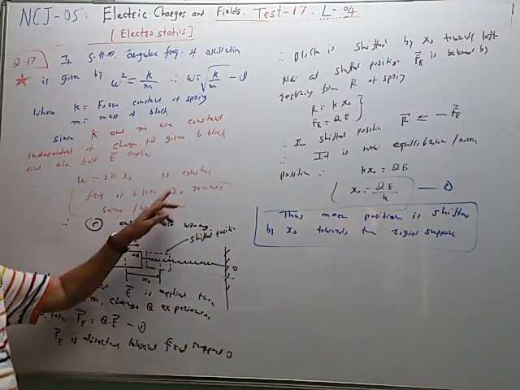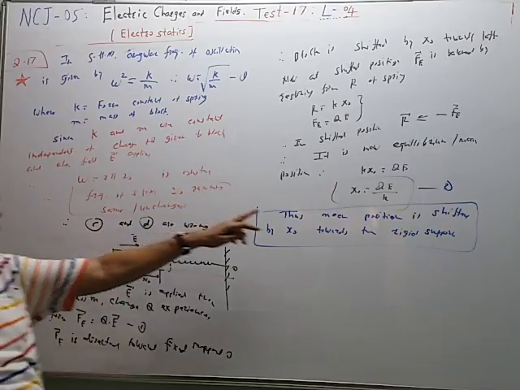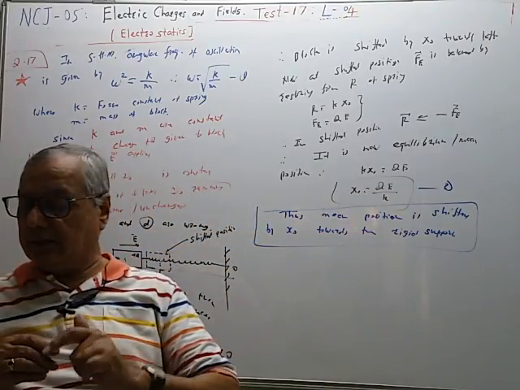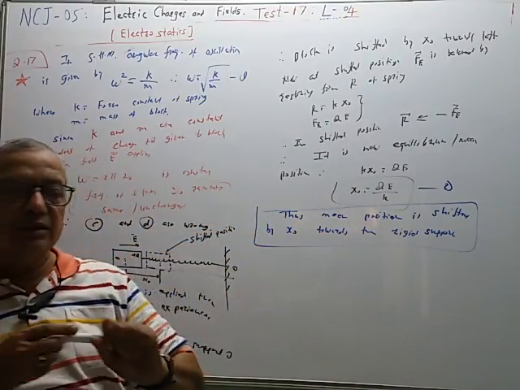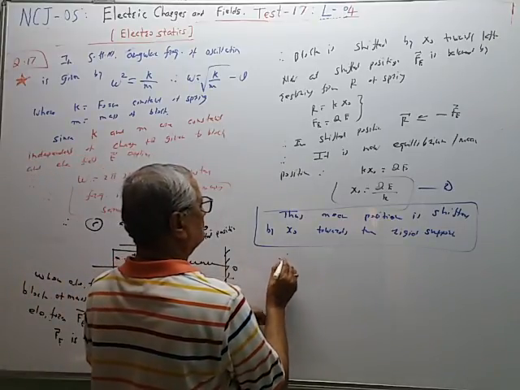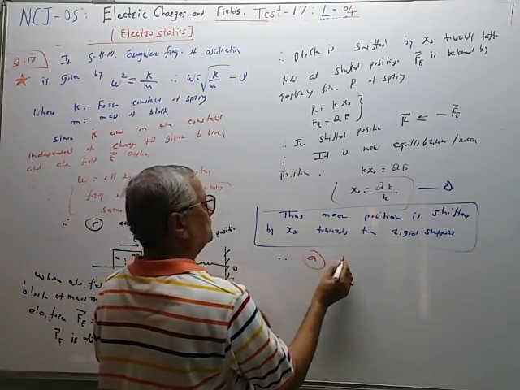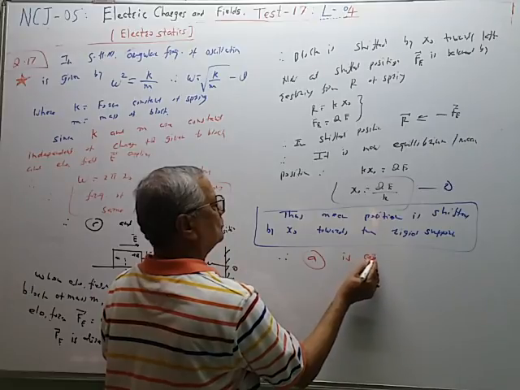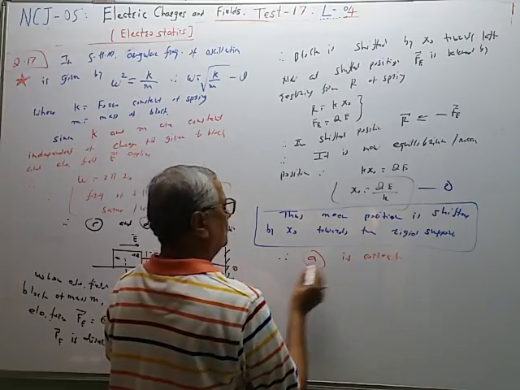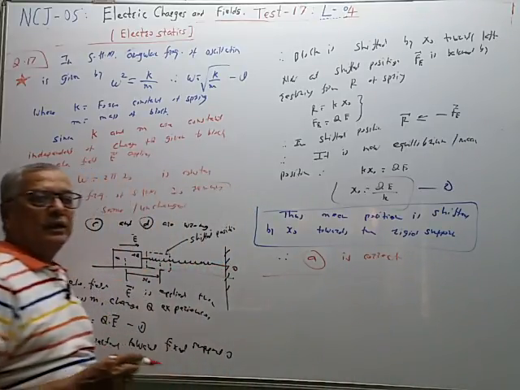So these are the results. Frequency remains unchanged, but mean position is shifted, and therefore the correct choice is A. Therefore, A is correct.